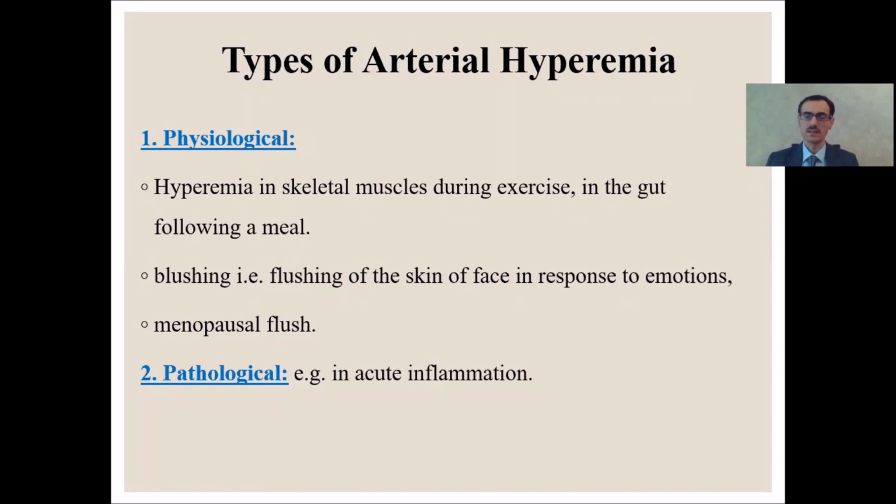For example, in the skeletal muscles during exercise, in the intestines after eating, or blushing or flushing of the skin of the face in response to emotions, in the menopausal flush. But pathological arterial hyperemia we will discuss in our next classes, during the discussion of inflammation, acute inflammation.